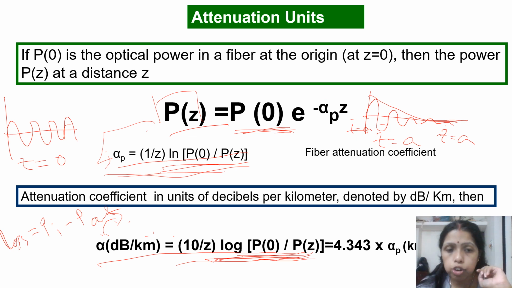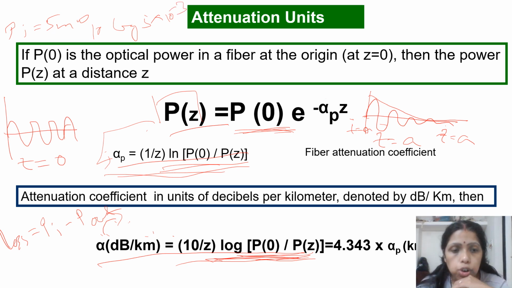If you need to calculate with power, suppose P in is 5 milliwatt, you need to convert P in into dB, so you write 10 log 5 milliwatt. That power will be converted into dB. So to convert this concept into dB, you have to multiply as 10 log P in minus 10 log P out.